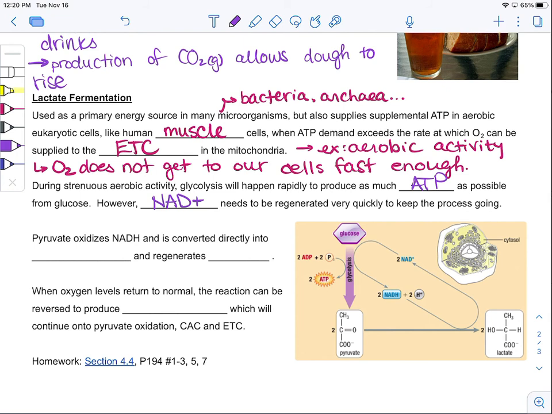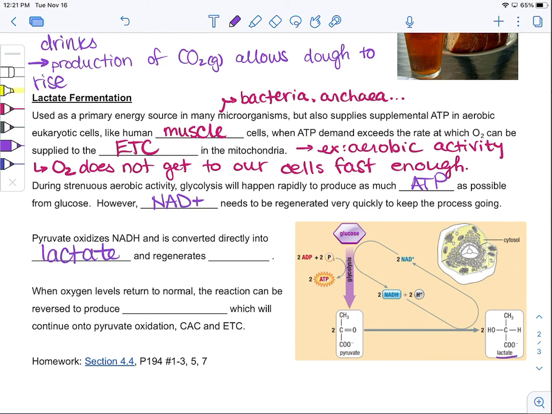So we still are going to have that process of pyruvate oxidation like we were talking about before. We're still going to have the process of glycolysis like we had before. But what we see next is that pyruvate oxidizes NADH and it's converted directly into lactate, which you can see on this diagram down here.